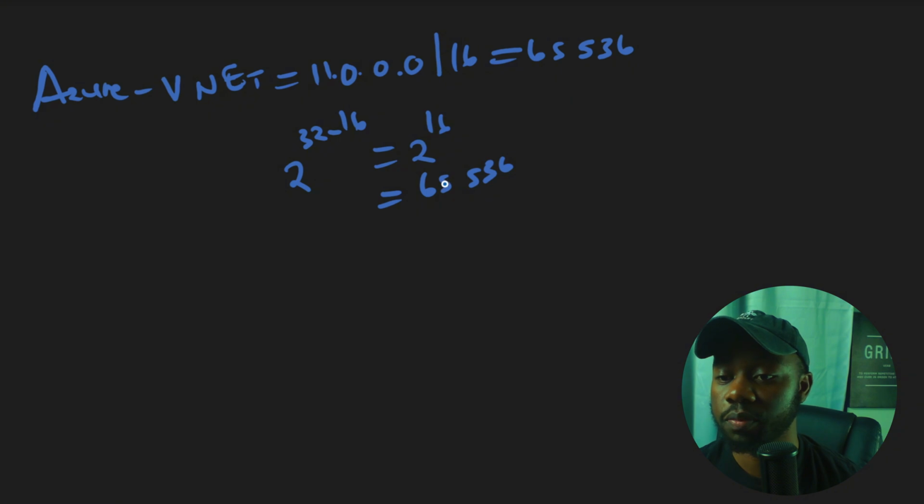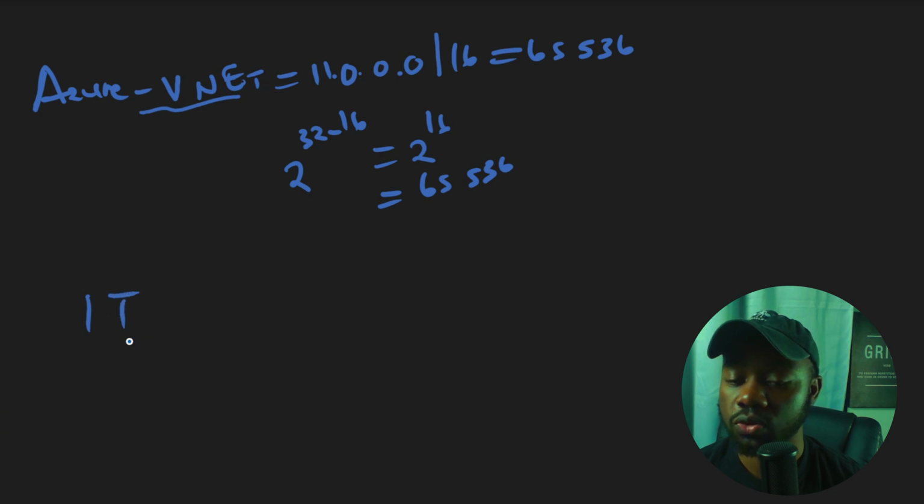So now with 65,536 addresses, I can have as many as 65,536 IPs. Suppose I want to create subnets within this particular VNet. How can I do that?